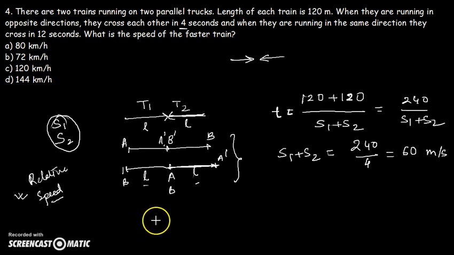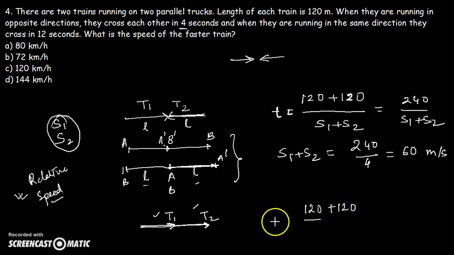Similarly, in the second case, where they are crossing each other in the same direction, which means that train T1, the faster one, overtakes the train T2. Here again, irrespective of the direction, you would realize that the train T1 has to cover the length of the second train plus its own length. Here also the total distance to be covered is 120 plus 120, the lengths of the two trains. And if you have to find out the time, then this time will be this distance divided by the speed.